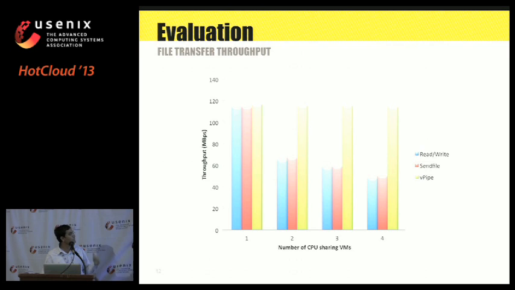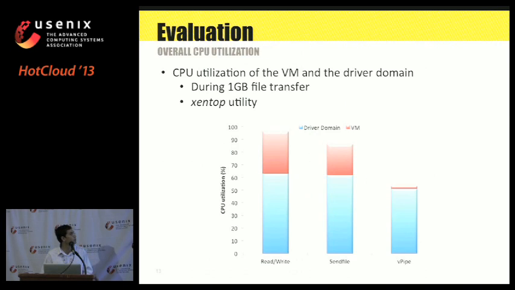As we increase the number of active VMs sharing the CPU, we can see that for both the read-write and sendfile mechanisms, the throughput keeps going down. But since we have offloaded the operation to the driver domain in the vPipe mode, the throughput remains the same in all cases.